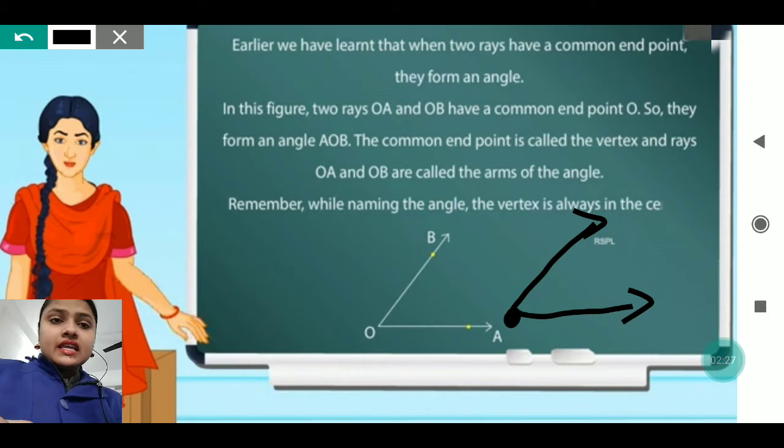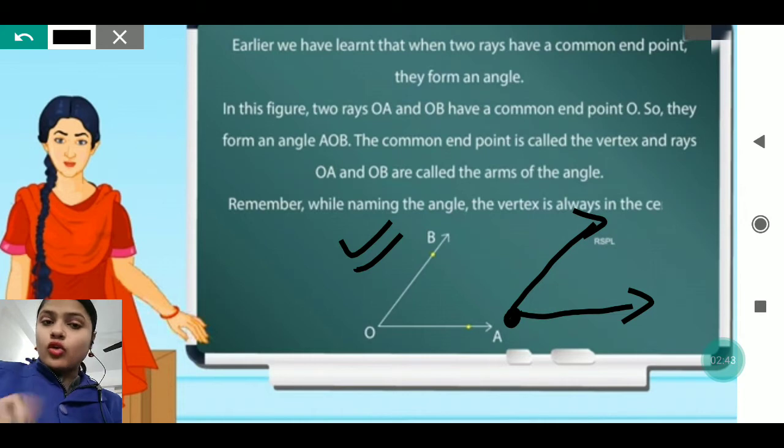In this figure, two rays OA and OB have a common endpoint, that is O. You can see the angle drawn here. It has one common point, only the point O. From O, ray B is passing and from O, ray A is passing.